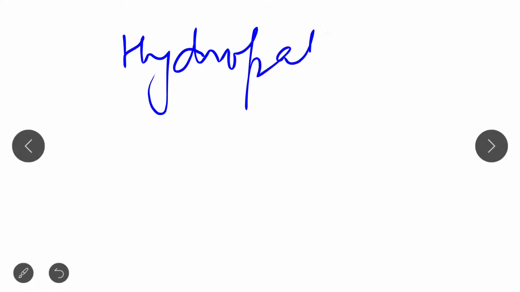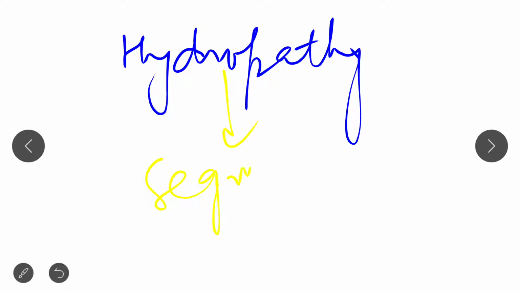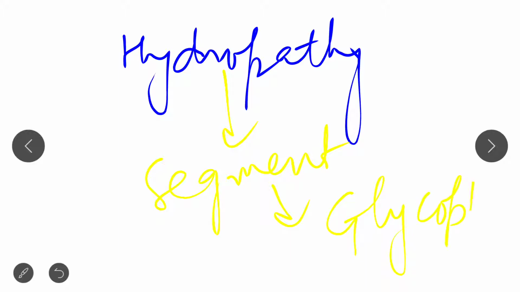I already told you that the hydropathy plot helps in identifying the segments of a transmembrane protein like glycophorin, that is, which segments are inserted into the lipid bilayer.